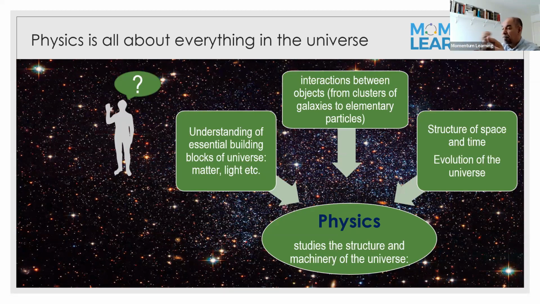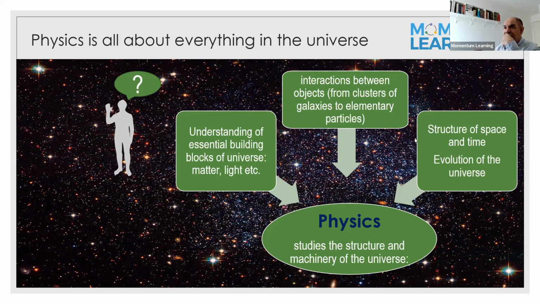This is also a topic in physics, especially in terms of Einstein's relativity theories. Those are theories that incorporate space and time and the structure of space-time into physical sciences. And in general, physics also discusses the evolution of the universe. So using physics, we try to understand the universe.